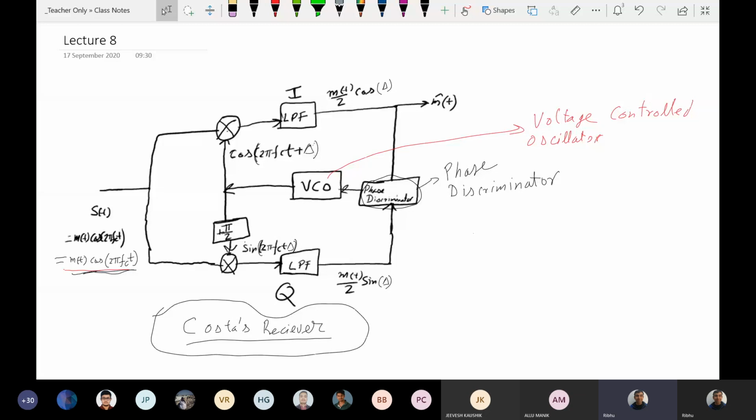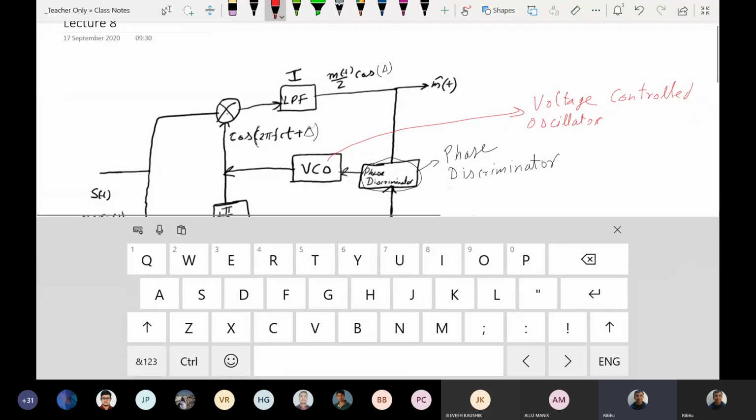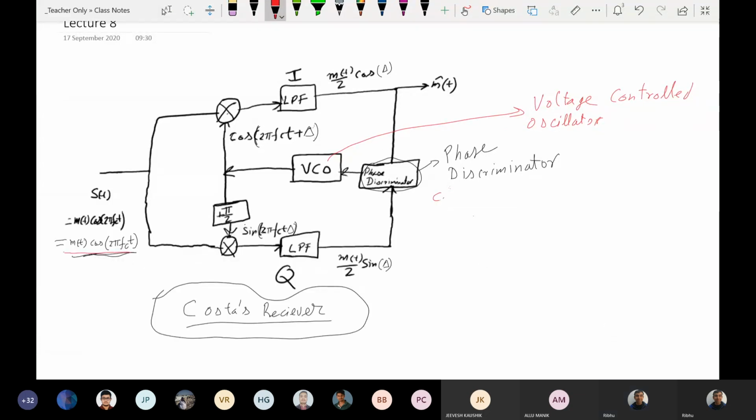A slightly detailed description is that a phase discriminator can determine the phase difference between two signals and generate a voltage, null.